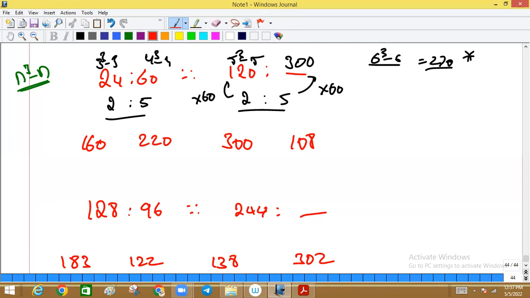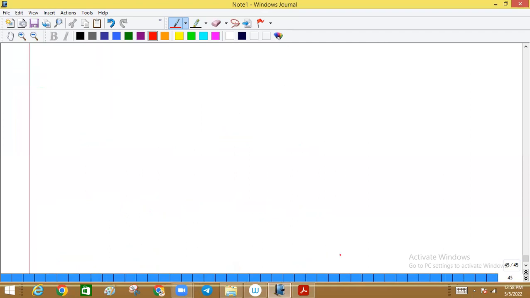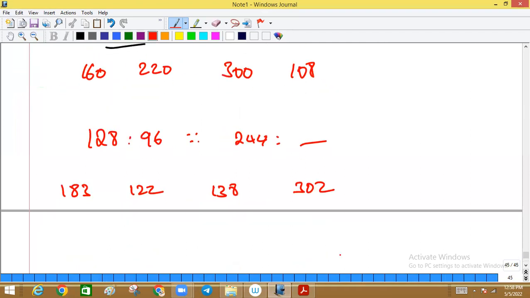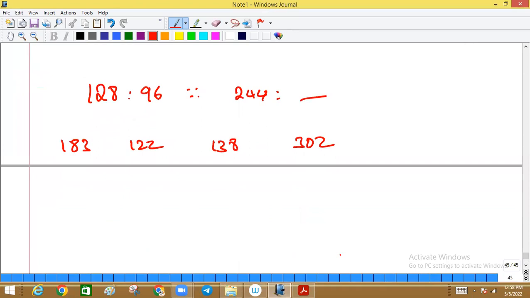First of all, are they near squares? No, because 128 is a square, not possible, very difficult. Is there any common factor? Yes or no? Yeah, what's the common factor? Will they be divisible with 8?